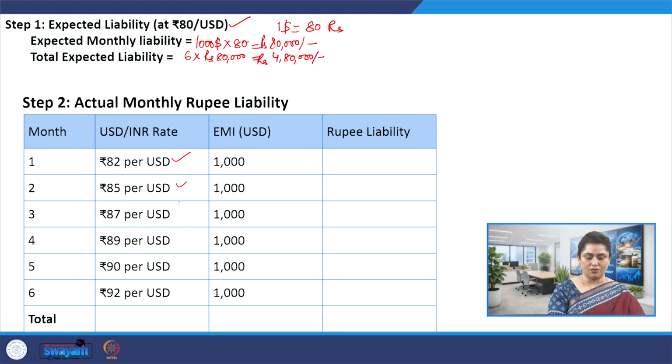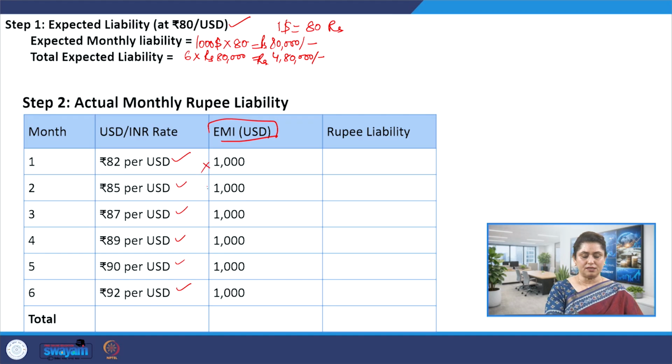Now you can see from the table that the USD rate is increasing. USD is becoming expensive day by day vis-a-vis the rupee. It is appreciating, and hence our rupee liability will also change. Though our EMI in USD is going to remain the same, that is 1000 every month, there is no change in our EMI. But if we look at the EMI in rupee terms, what is going to be the change?